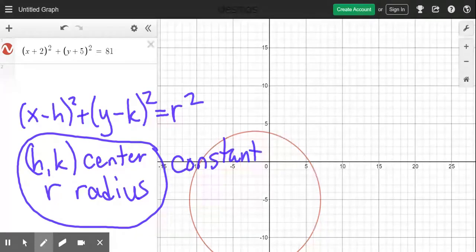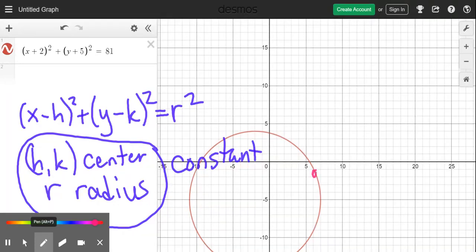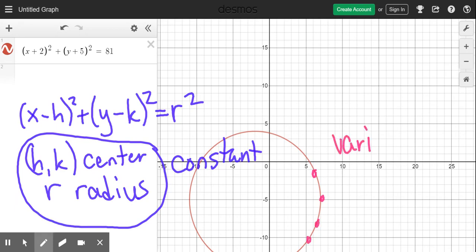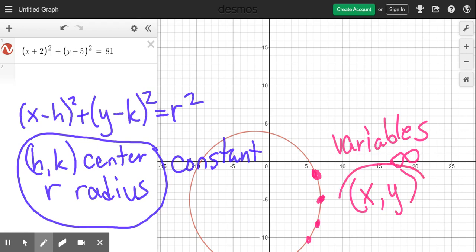Okay, and then the points that are on the circle, those are variables. And because they are variables and because they are infinite, we just call those points x, y. So any of these points on the circle are x, y. And those are all the parts of the formula for a circle.